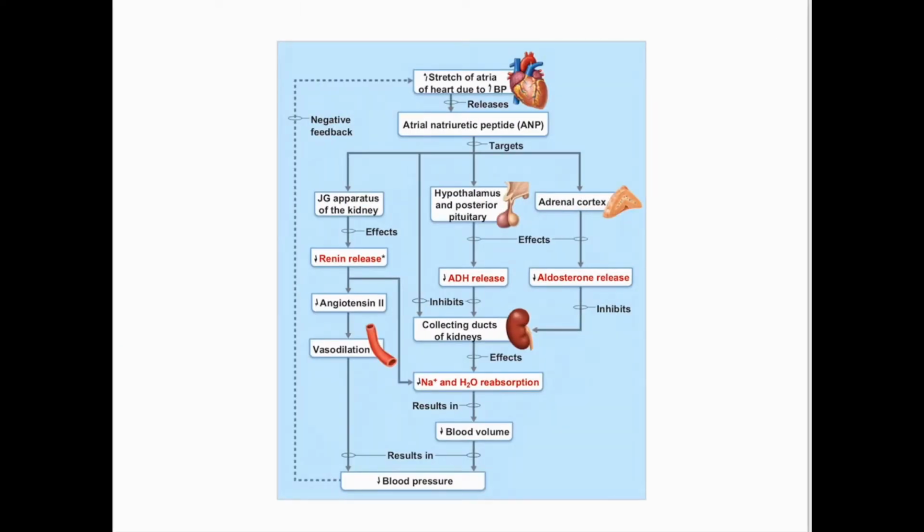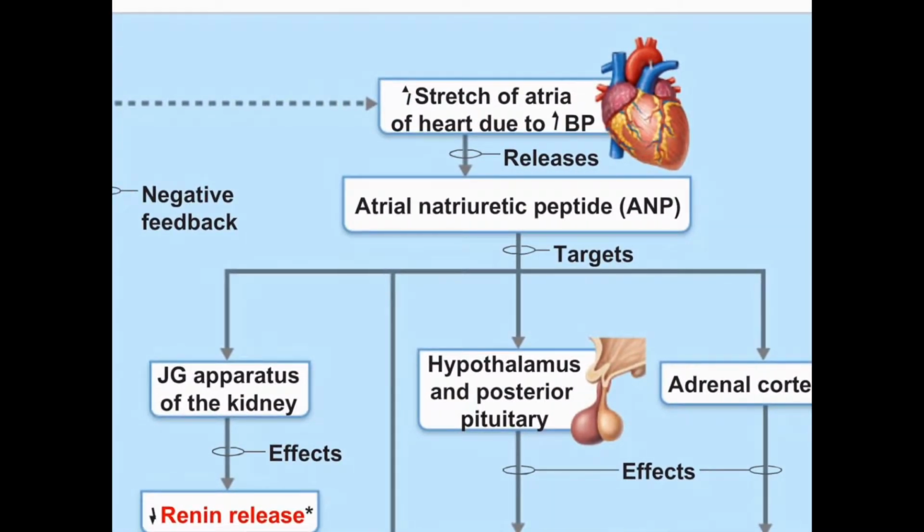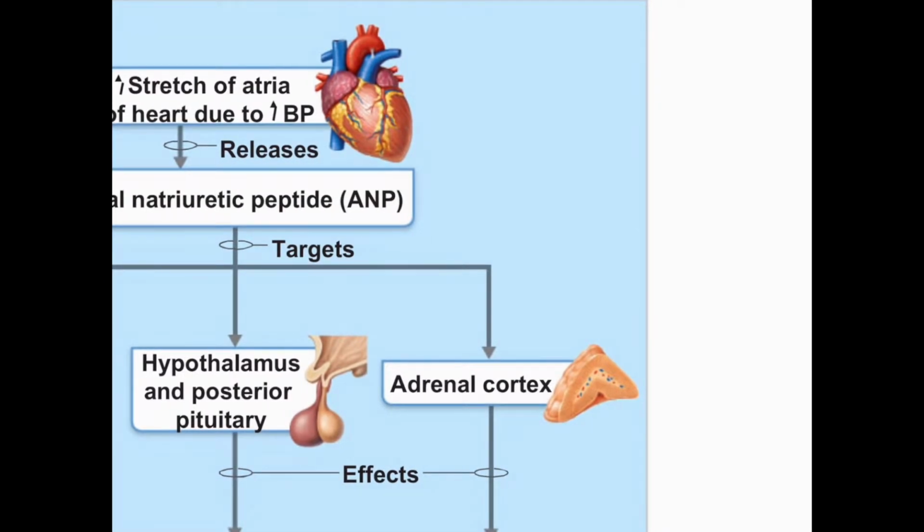If you remember, the organ that hates high blood pressure is the heart. Remember, the heart doesn't want to have lots of pressure that it needs to overcome in order to pump the blood out. If I have hypertension, there is lots of pressure that needs to be overcome to pump the blood out of the ventricle.